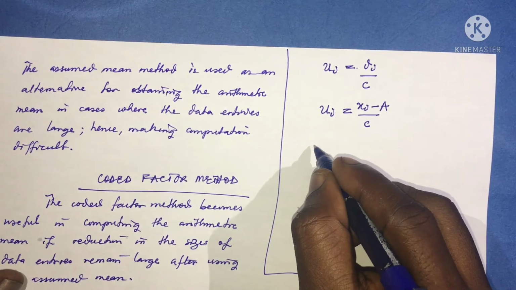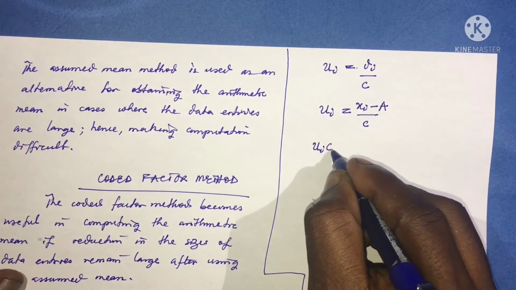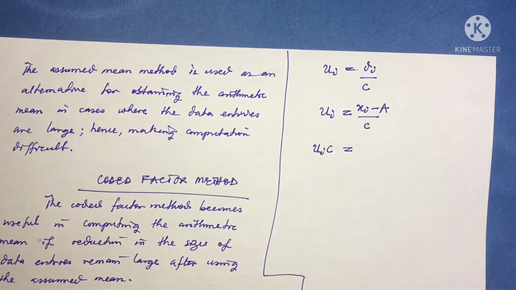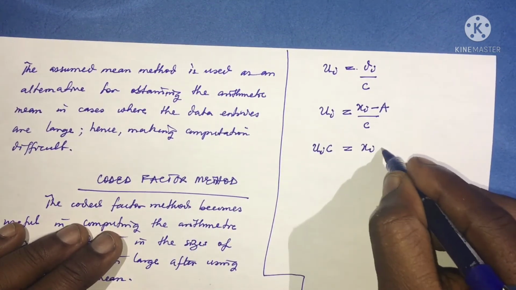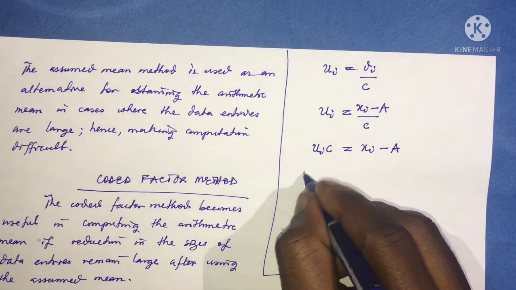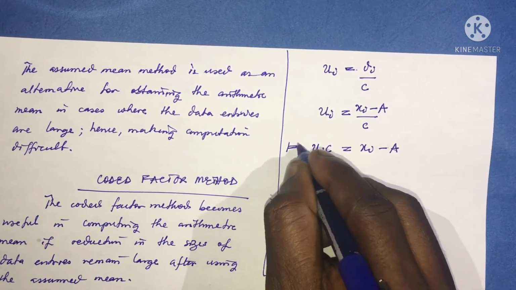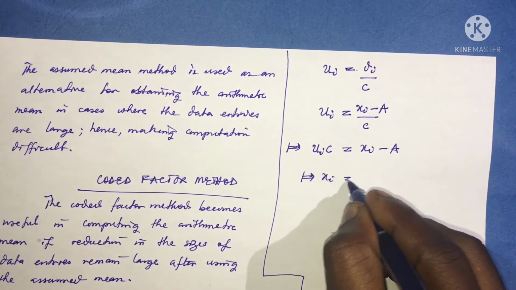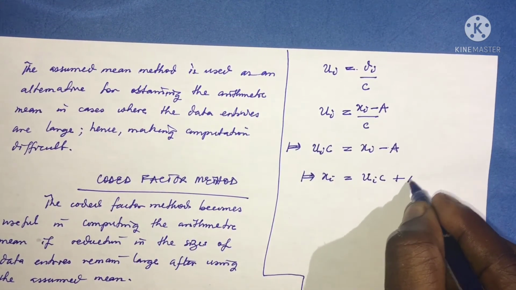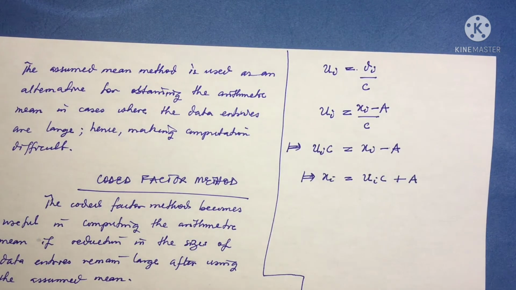So the first thing I'm going to do is to make uic the subject of formula. So when you cross multiply, you're going to have uic on the left hand side equals xi minus a.